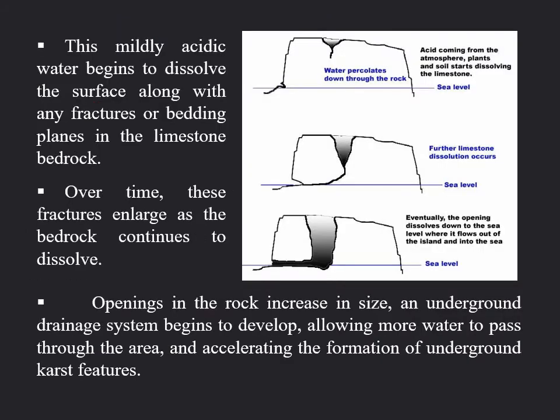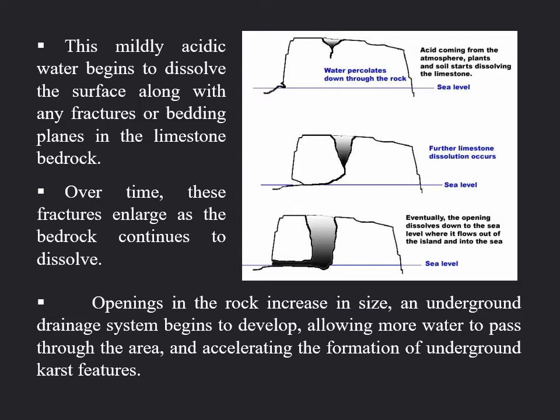And this acidic water, when it goes over the superficial exposed rocks and percolates along the fractures or bedding planes of the carbonate rocks, then all along the exposed rock surface, this acidic water starts to react.